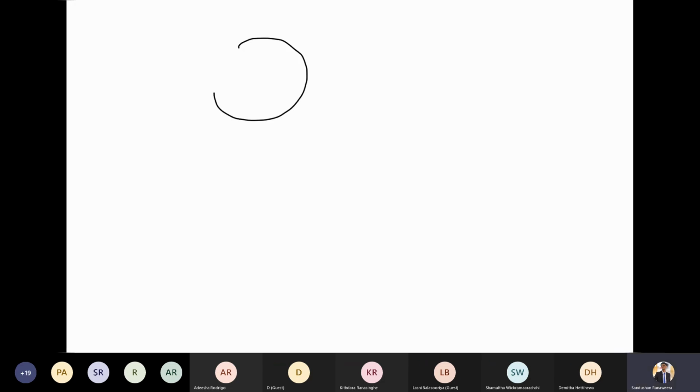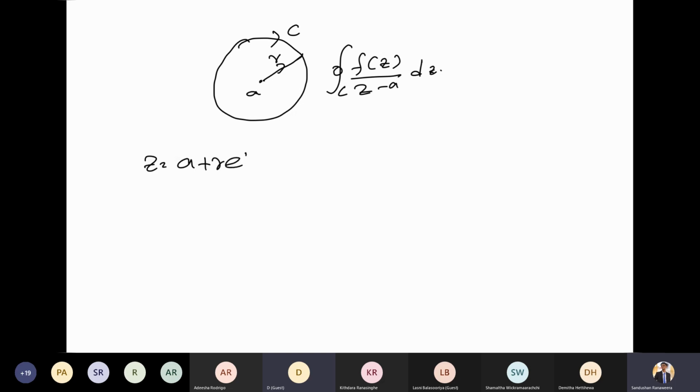I take a very basic contour, like a circle around a with radius r, and my function is analytic, and I evaluate the integral around this contour. Then I make the substitution z equals a plus r e to the power i theta.